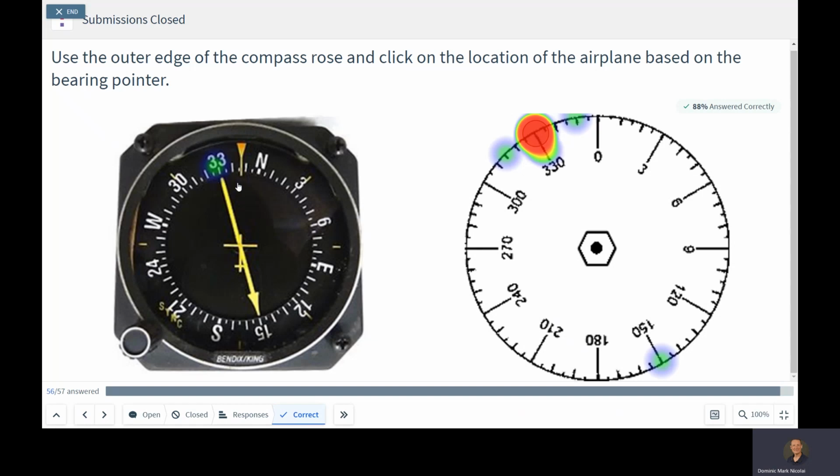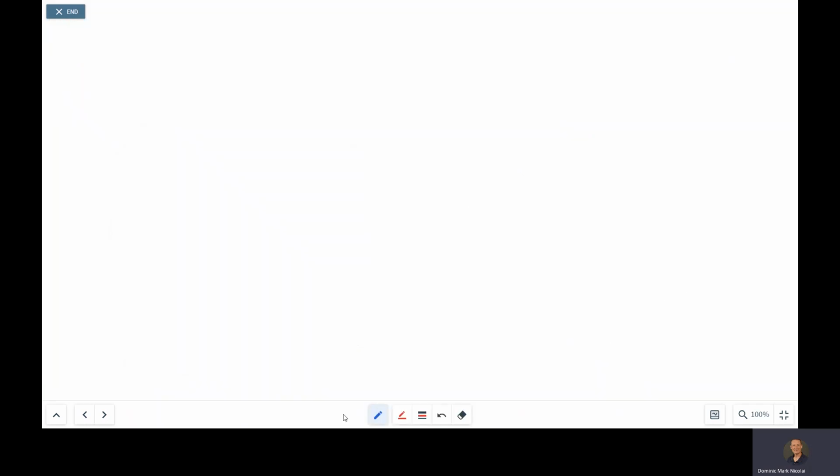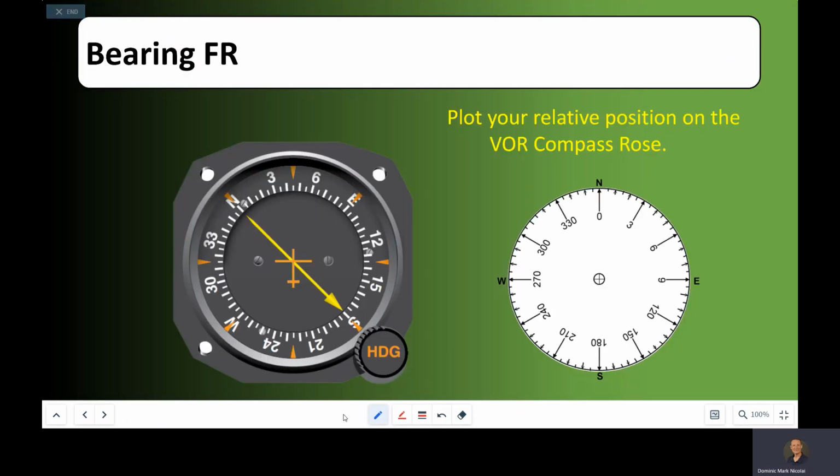Okay, so we have been working exclusively on the compass rose, the hand-drawn one there. This is a bearing from, all right? This is simply telling you your position from the station.